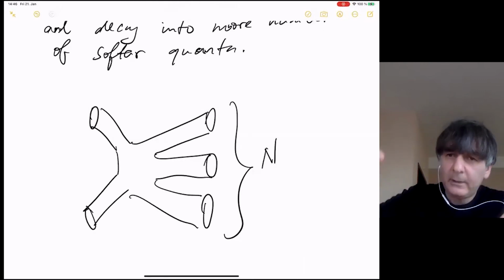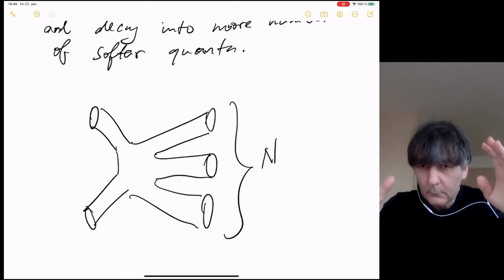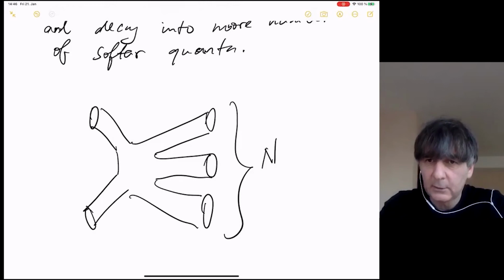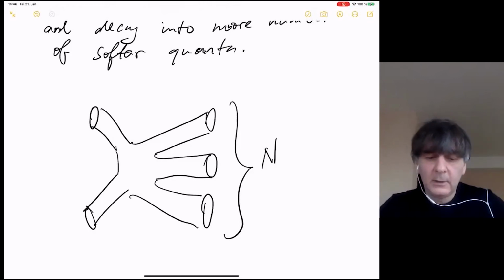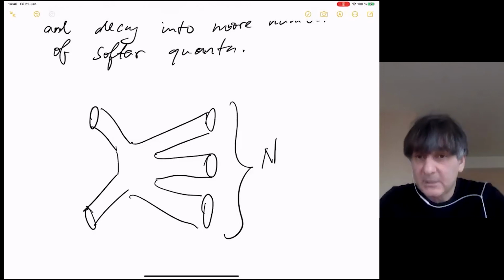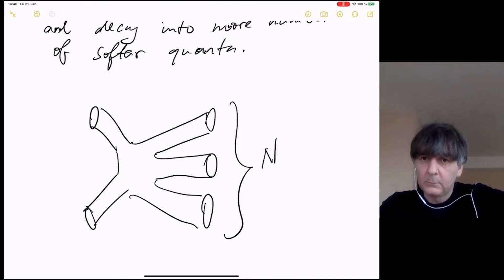So sooner or later, if you arbitrarily increase the center of mass energy, string theory is also expected to be dominated by black hole production in the deep ultraviolet.